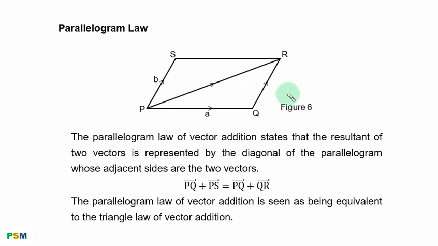Parallelogram law. Figure 6. The parallelogram law of vector addition states that the resultant of two vectors is represented by the diagonal of the parallelogram whose adjacent sides are the two vectors. From figure 6, vector PQ plus vector PS is equal to vector PQ plus vector QR.